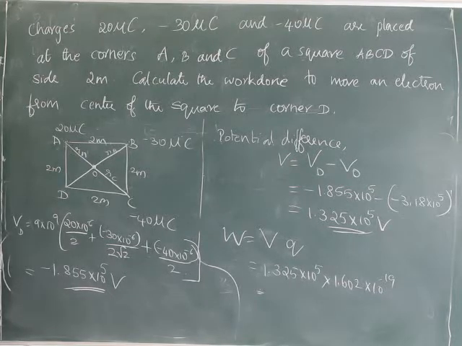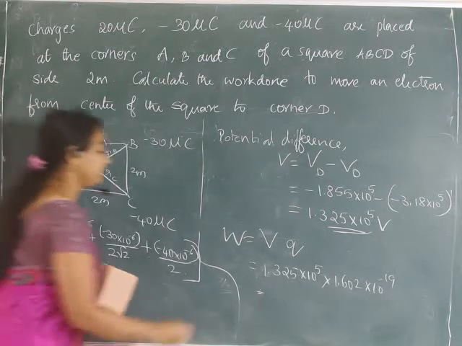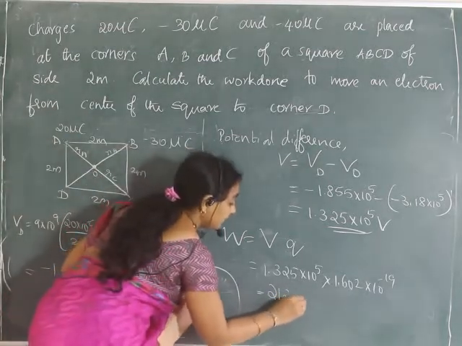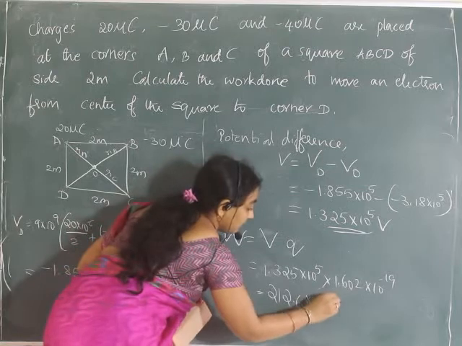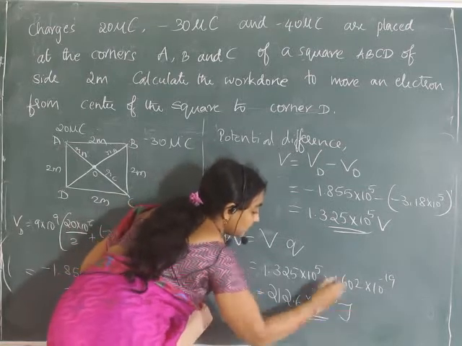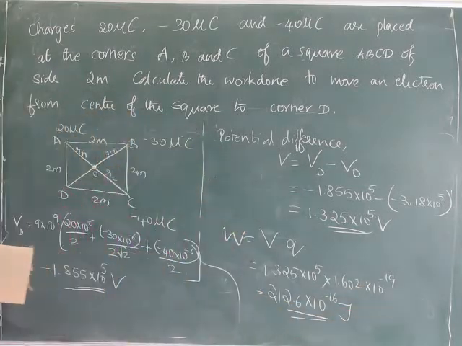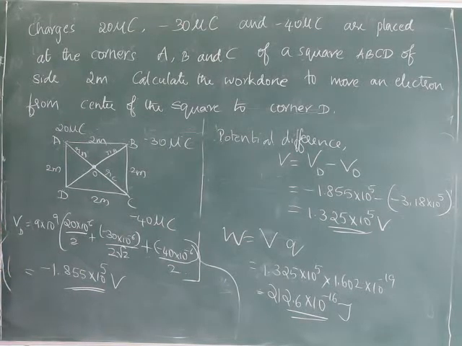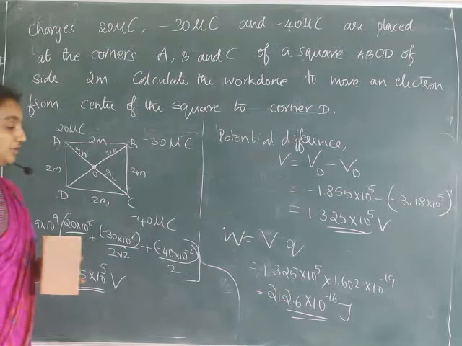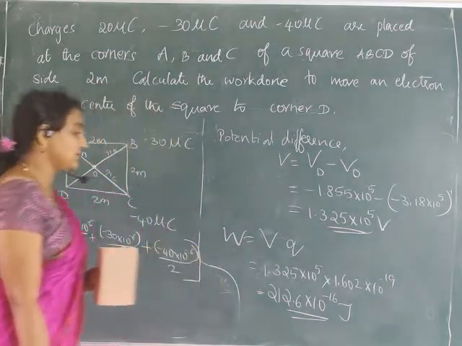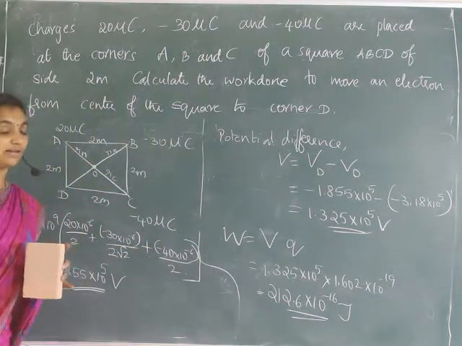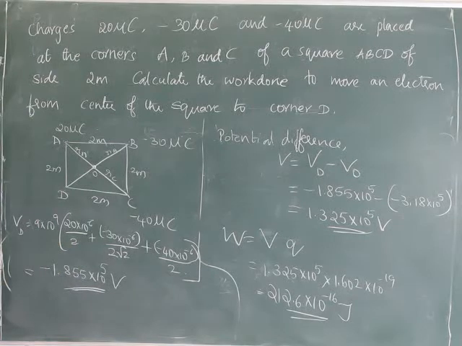We got 212.6 into 10 to the power minus 16 joules of work is done. Unit for work done is joules, so I can write joules.